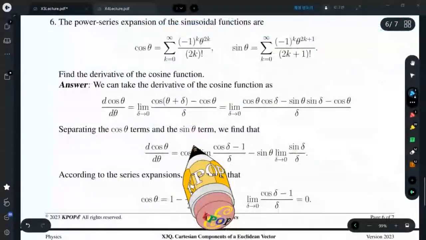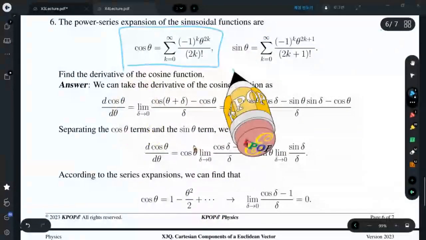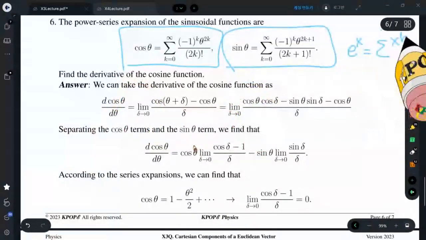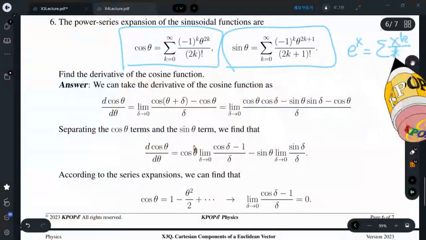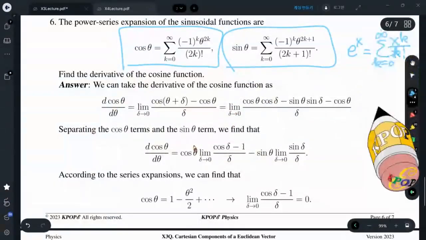The power series expansions of the sinusoidal functions are just memorized. We recall that e to the x is the sum of x to the k divided by k factorial, for k running from 0 to infinity.